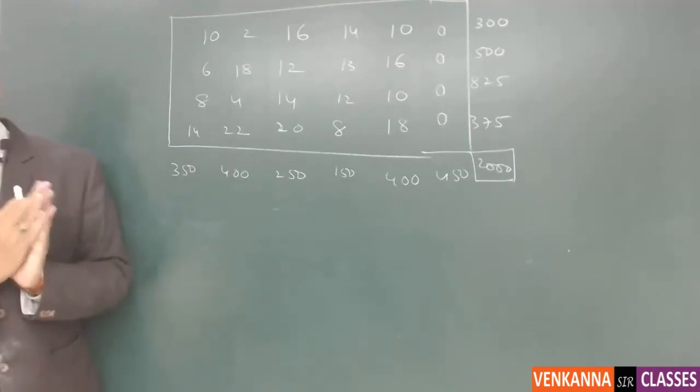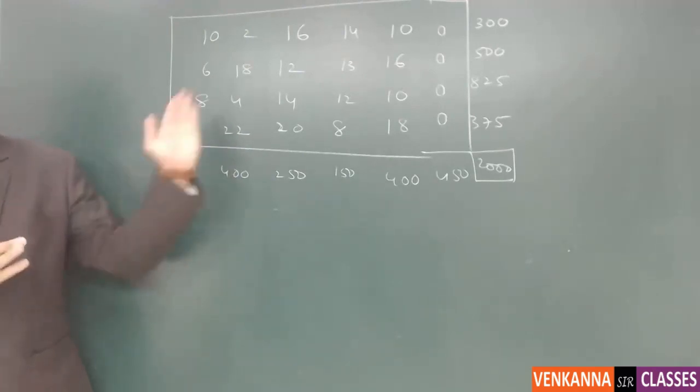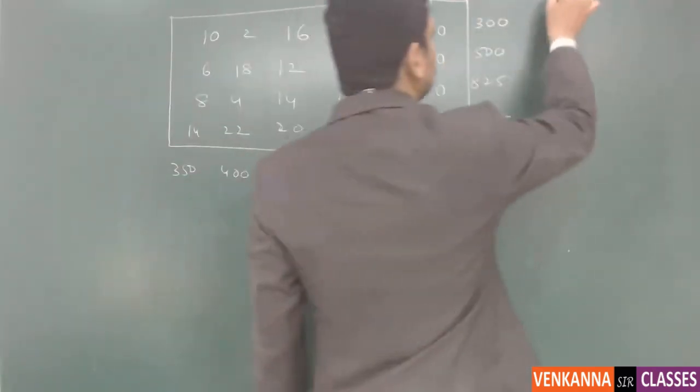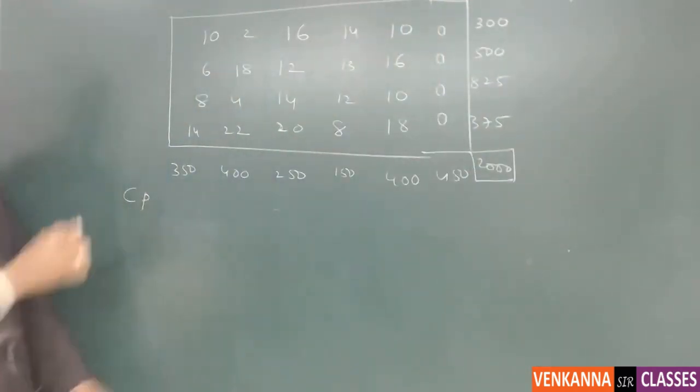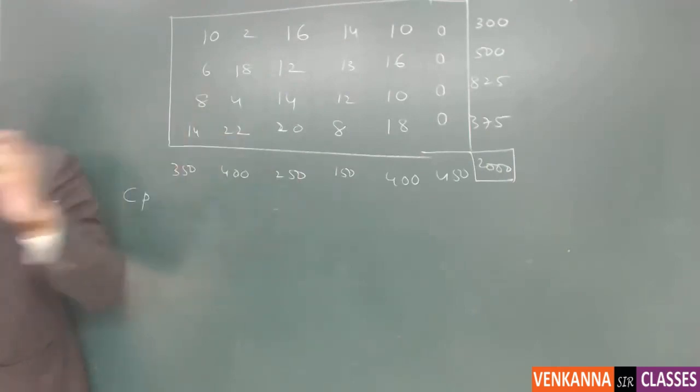Now I avoid calculating the penalties since you are going to do that, row penalty as well as column penalty, and you just tell me which row or column I have to choose now.